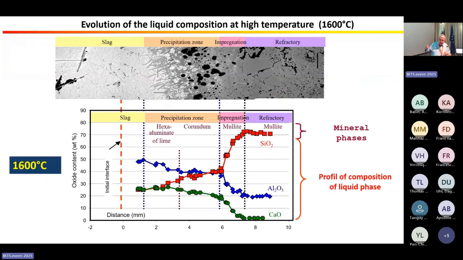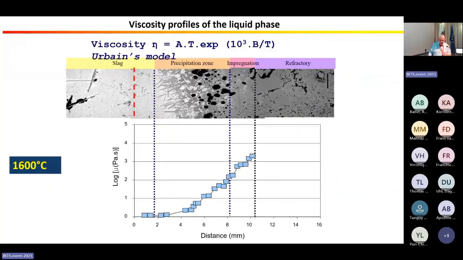And we have determined the profile of composition of the liquid phase at high temperature. And we are able also to determine the viscosity and the profiles of viscosity during the corrosion. And we observe a real increase of this viscosity. That means that the zone of impregnation is very limited in this high alumina refractory.